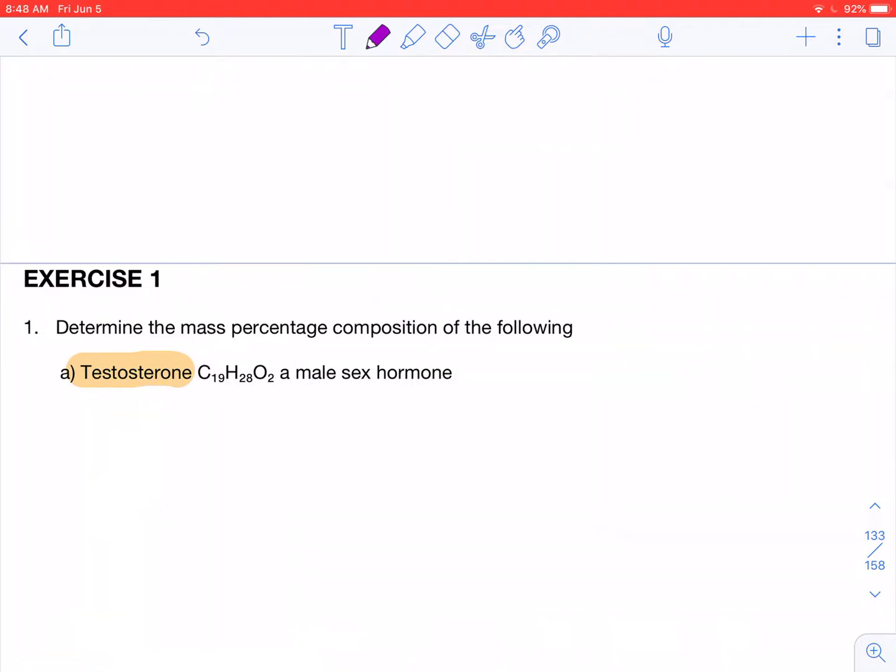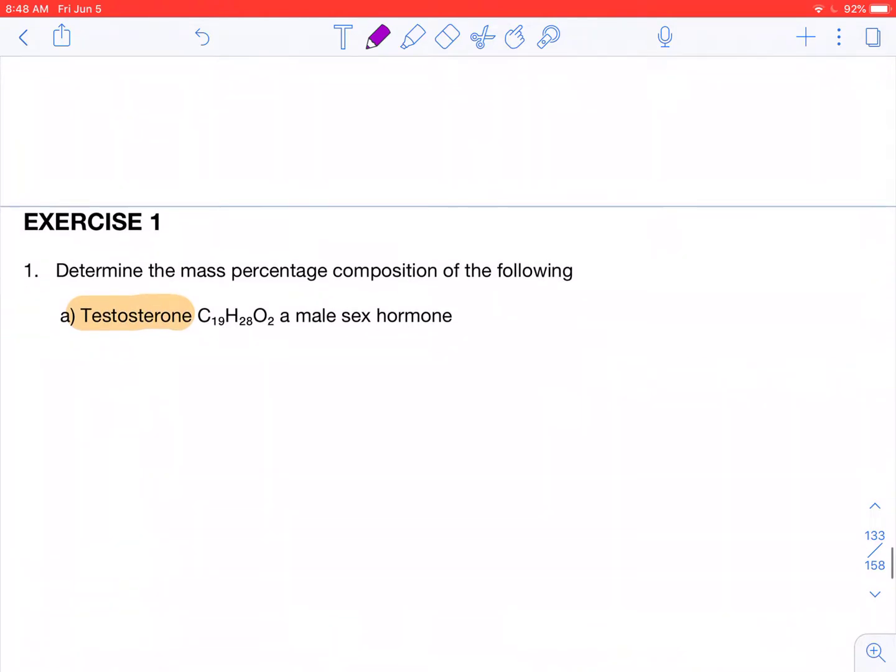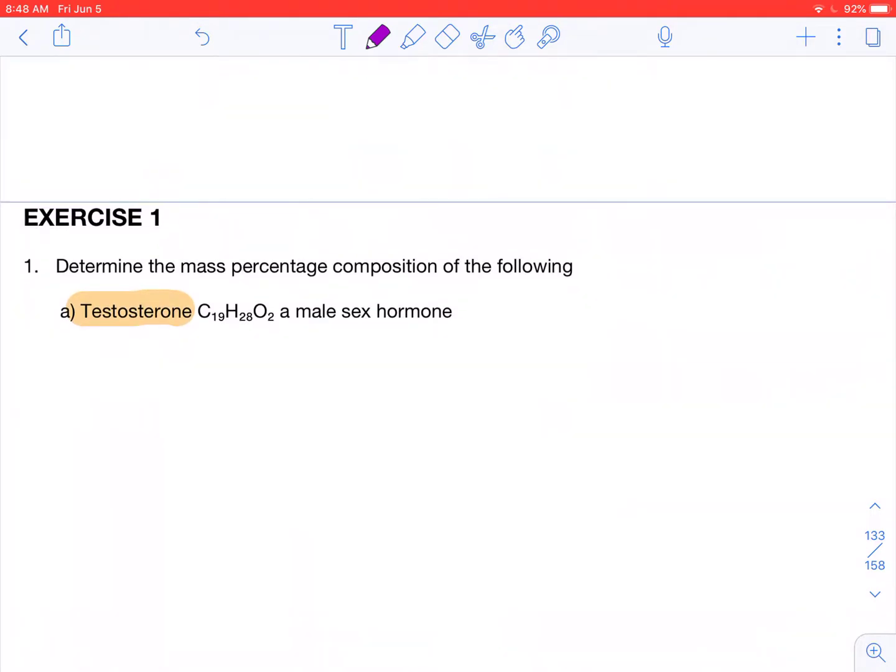But now we want to determine what the percentage of each of the elements are within that particular molecule here. So we say, okay, M of C19H28O2, right? Which is equal to 19, and we know carbon is 12.